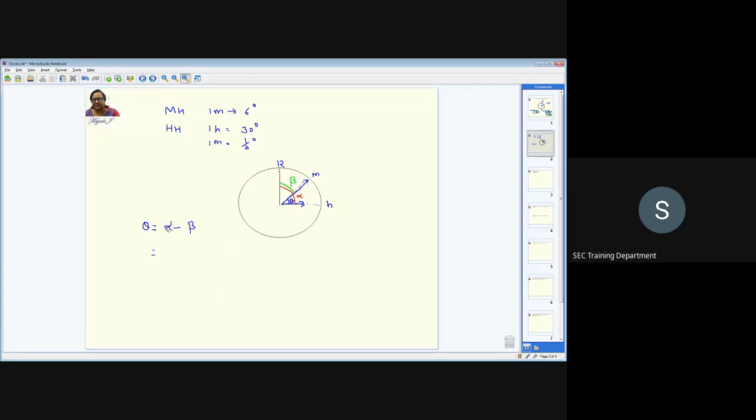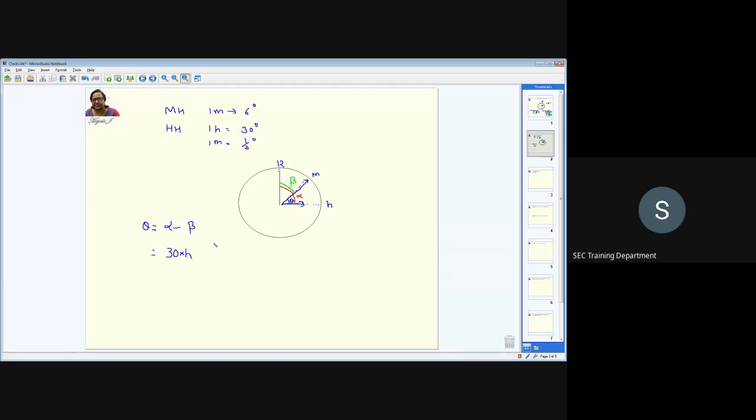I'll give you an example later, then you'll understand this. So when I consider alpha, the angle for the hour hand, for h hours it has moved, right? And for h hours, what is the angle it is going to move by? 30. So we are going to consider 30 degrees per hour into h hours.